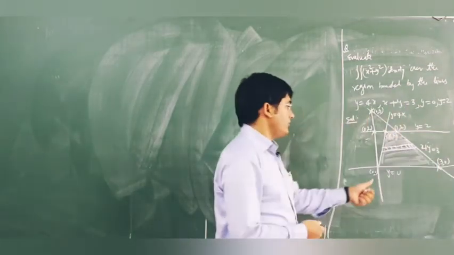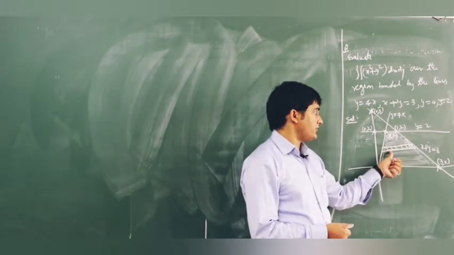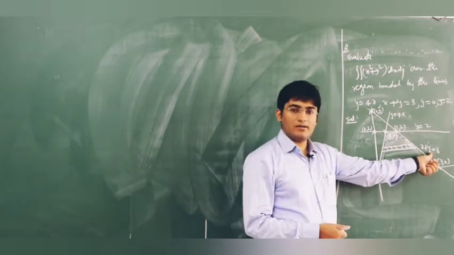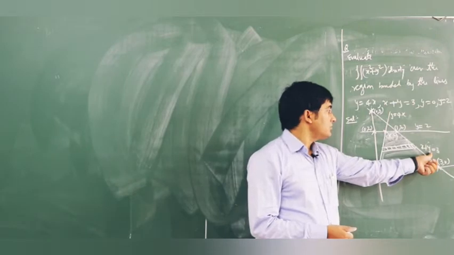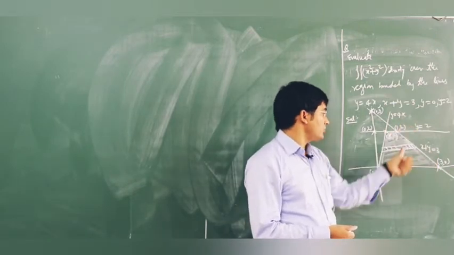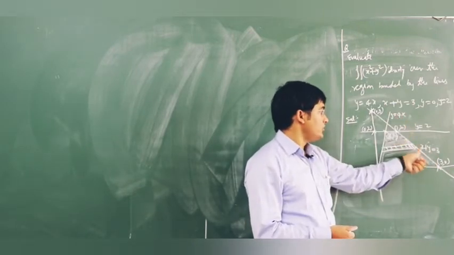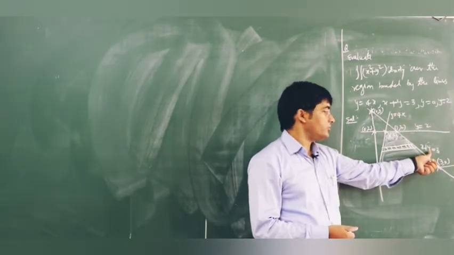Here we have y equal to 0, so we have x as 3, 0. So your y will vary from 0 to 2, and your x will vary from y by 4 to 3 minus y.